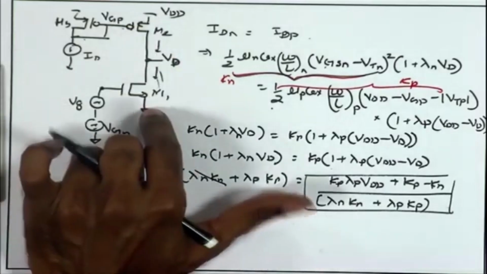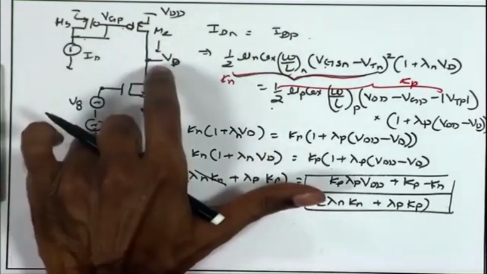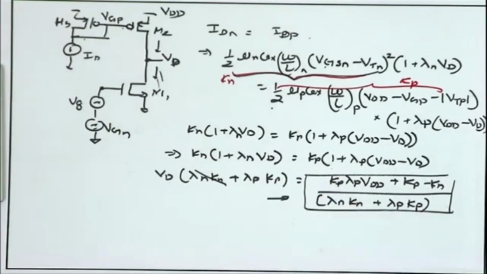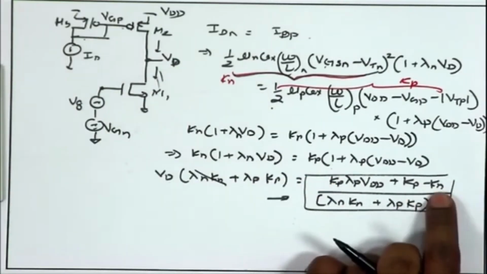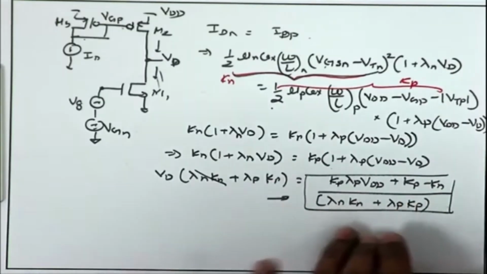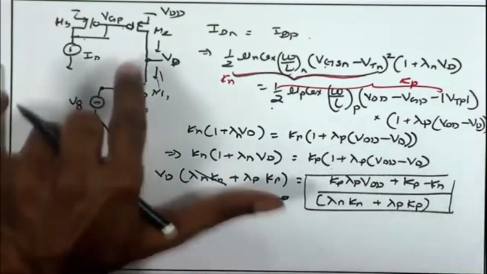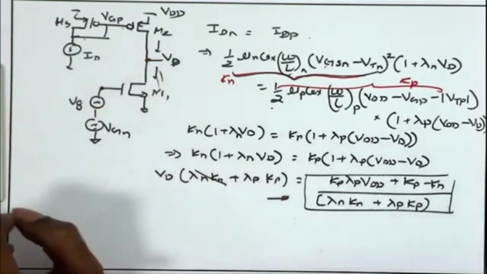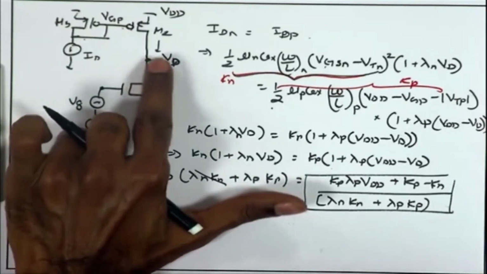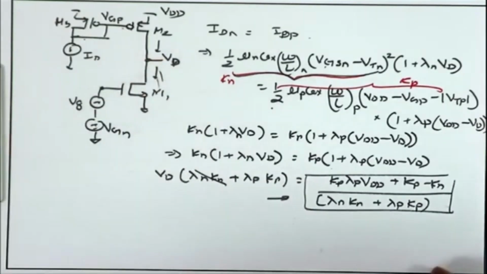Either M1 can enter into triode or M2 can enter into triode. Vd can go very high or very low depending upon all these parameters. Even if you ensure Kp equal to Kn by tuning, we have the lambda n, lambda p terms left, which are not very controllable. So, the key message here is, whenever we have an active load, we have this problem of biasing the output node voltage Vd. We do not have much control over Vd.